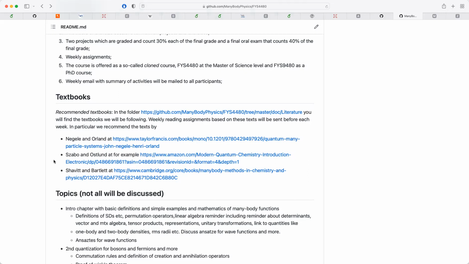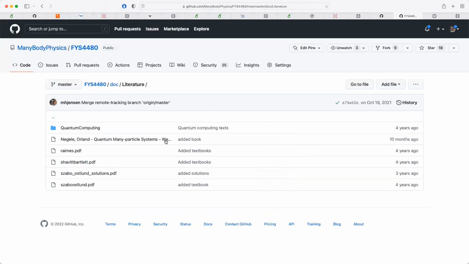I will essentially look at chapter 1 and chapter 2 of it. If you go to this folder here, you will find the PDF files. Many of these books are out of print, like Nagel and Hollande, which is a little bit more difficult to get hold of, so you will find PDF files of these textbooks. If you click into this link here, you will find Nagel and Hollande, which is a very good textbook on many-body physics.